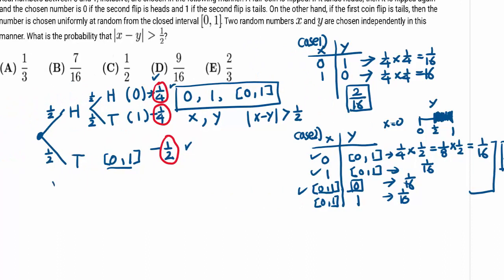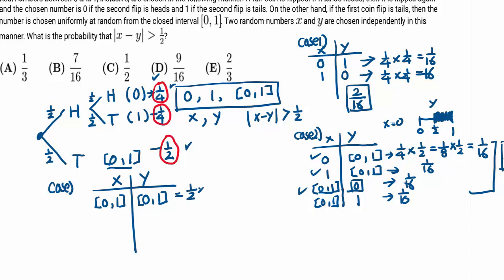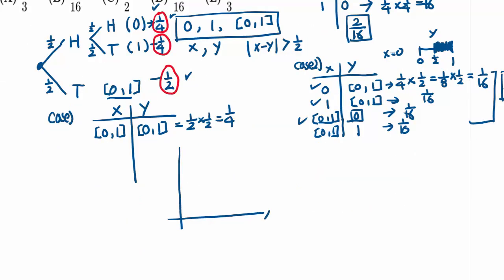The last one, case 3. For x, y, we choose both from the same interval, 0 to 1 and 0 to 1. What is the probability? 1/2 times 1/2 equals 1/4. It should satisfy this condition: x minus y greater than 1/2.